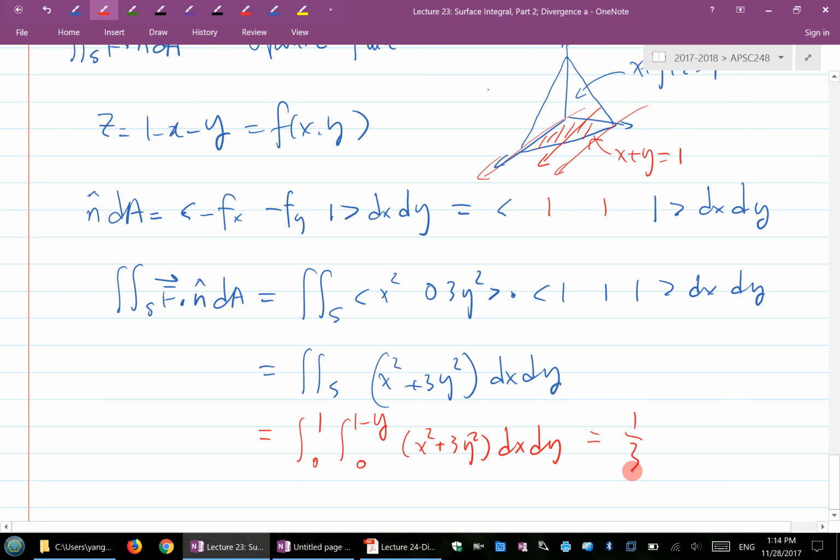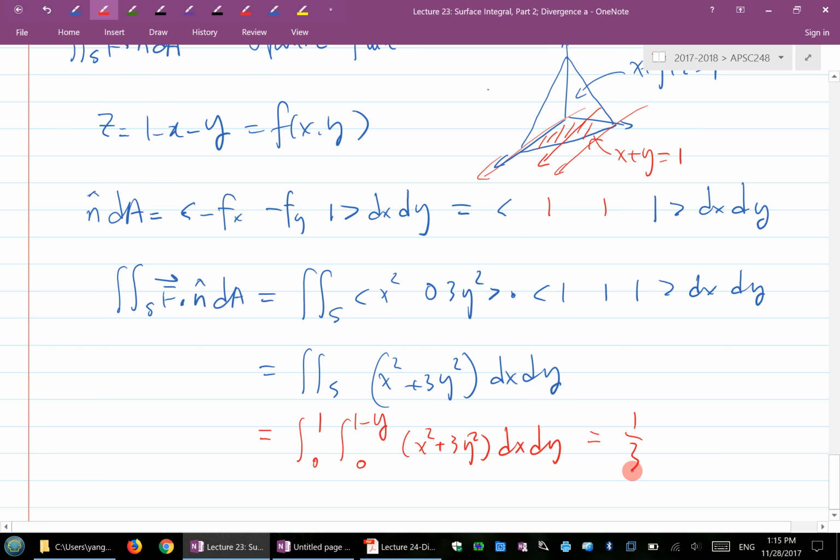So now you can imagine, if you ever see a surface integral question, the first logical step is that you have to make a decision on which case you want to use to evaluate this surface integral, right? So make an educated guess. Here is a spherical surface, so I might use a spherical formula, right?